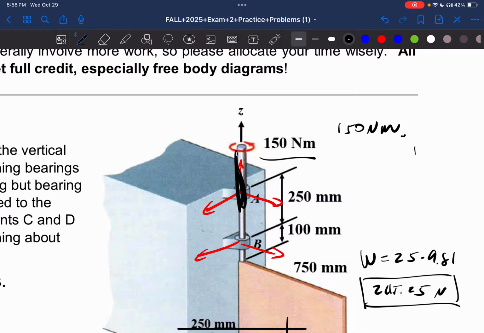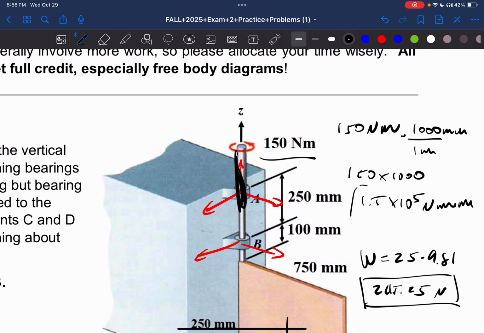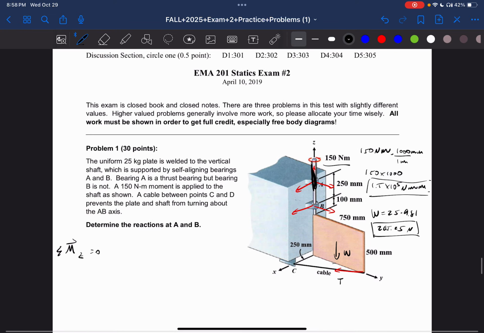So 1 meter is equal to 1,000 millimeters. So it's going to be 150 times 1,000, which is going to be 1.5 times 10 to the 5th power, and that's going to be Newton millimeters. Now our units match up.